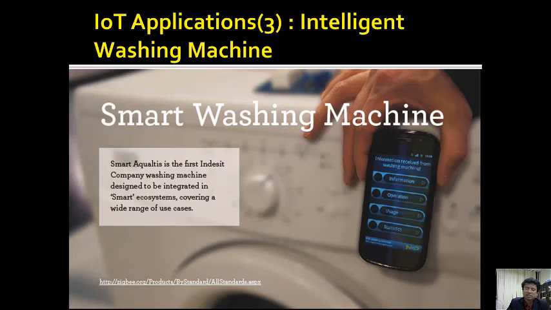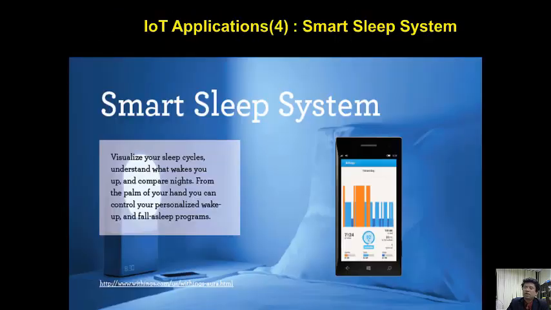Or it could be a smart sleep system to visualize your sleep cycles, understand what wakes you up, and compare your nights from your smart app, so that you can control your personalized wake up and sleeping periods.